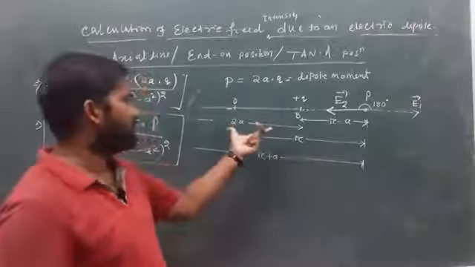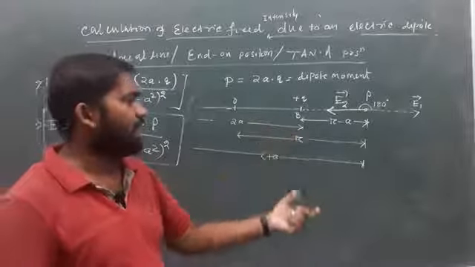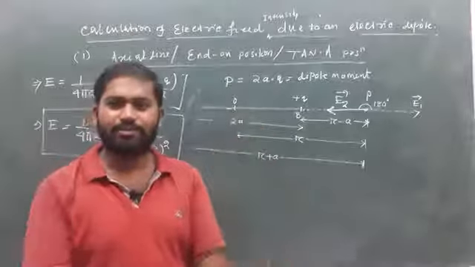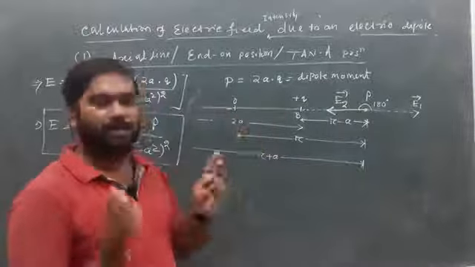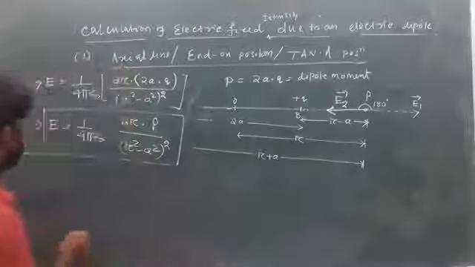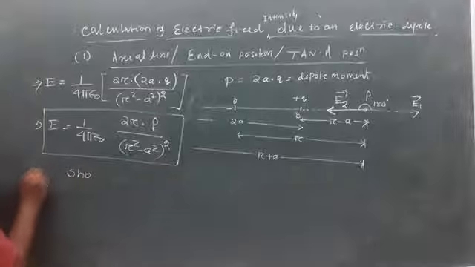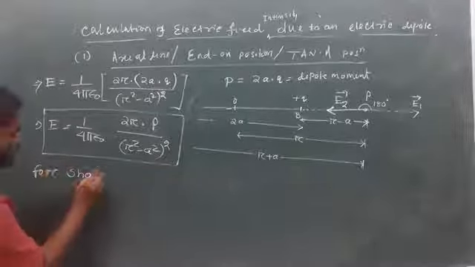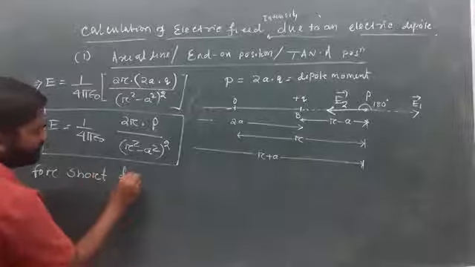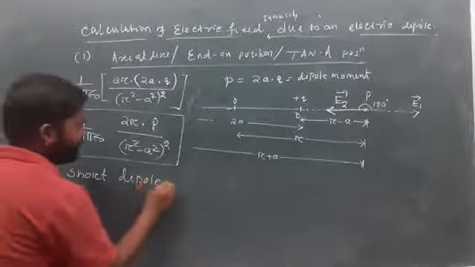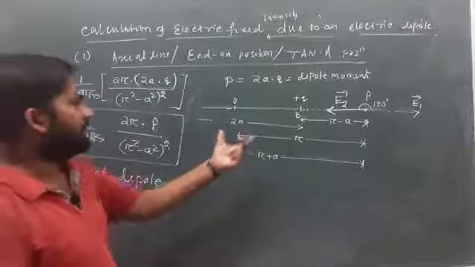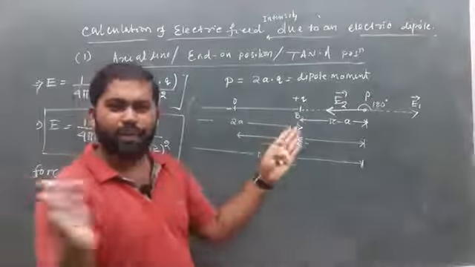The distance r must be larger as compared to a. So for a short dipole, if we decrease the dipole length, then the 2a value is very small.